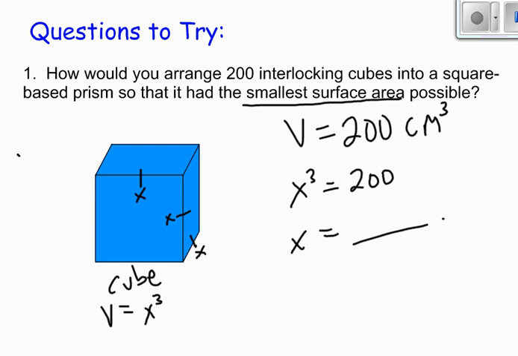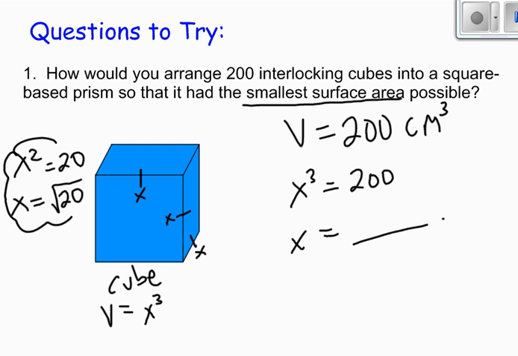You certainly know how to deal with x squared equals something, because you know that to get rid of squared, you do something called square root. Well, there is also something called cubed root. And this is what cubed root looks like. And I talked a little bit about how to find and use that button on your calculator.